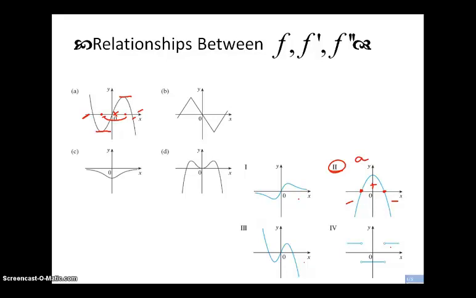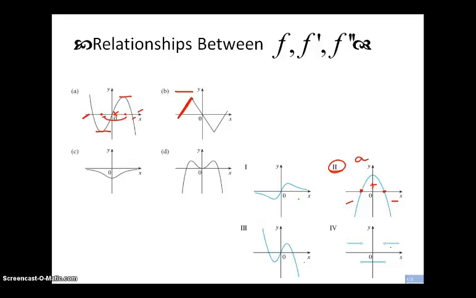B is a series of linear pieces. There's a line with a constant slope. It's a positive slope. So I would expect that the derivative function would just be some positive line, a constant value, a horizontal line along those x values along the x-axis.